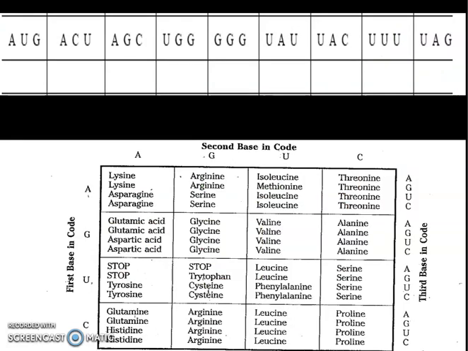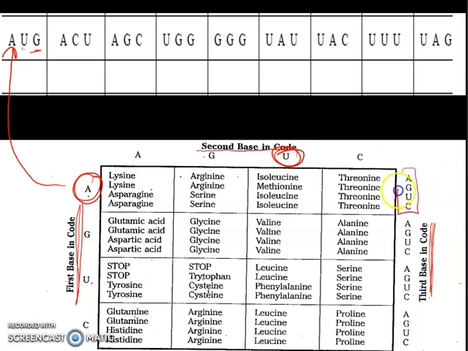Now, how do I figure out which amino acid goes? I need to use this chart. So what I'm going to do is read on the left-hand side first. See, it says first base. Let's go up here. A. My first base is an A. Then I read up top where it says second base. My second base is a U. Here we go, U. My last base is my G. Those are the ones on the right-hand side here.